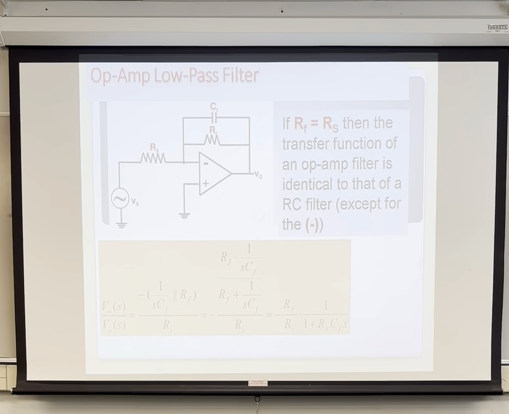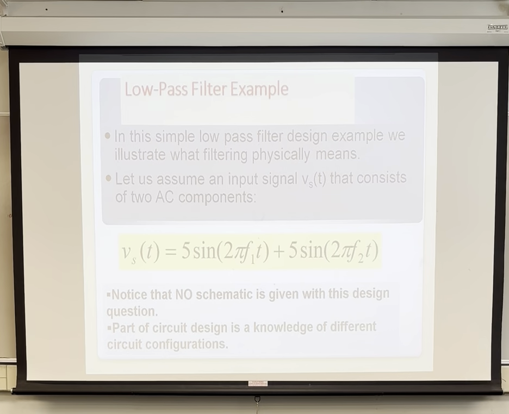So that's pretty much it in terms of the equations. So we go and design a filter, and let's say this is our piecewise input here. It's two sinusoidal inputs to the circuit, in trigonometric form. One is 5 sine 2 pi f1 t, and the other is 5 sine 2 pi f2 t.